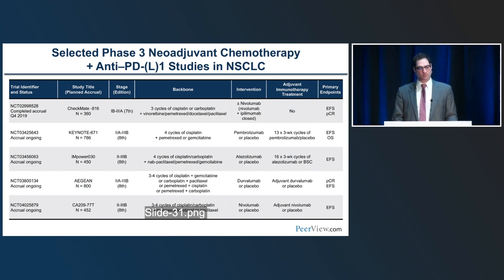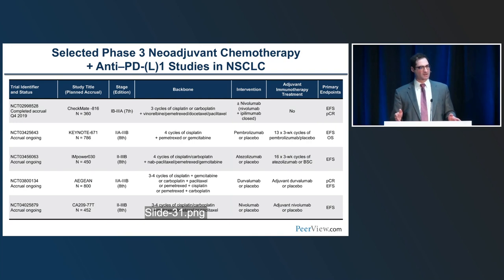Now, there are multiple studies of multiple PD-1, PD-L1 immune checkpoint inhibitors in the neoadjuvant setting before surgery, including in combination with chemotherapy.